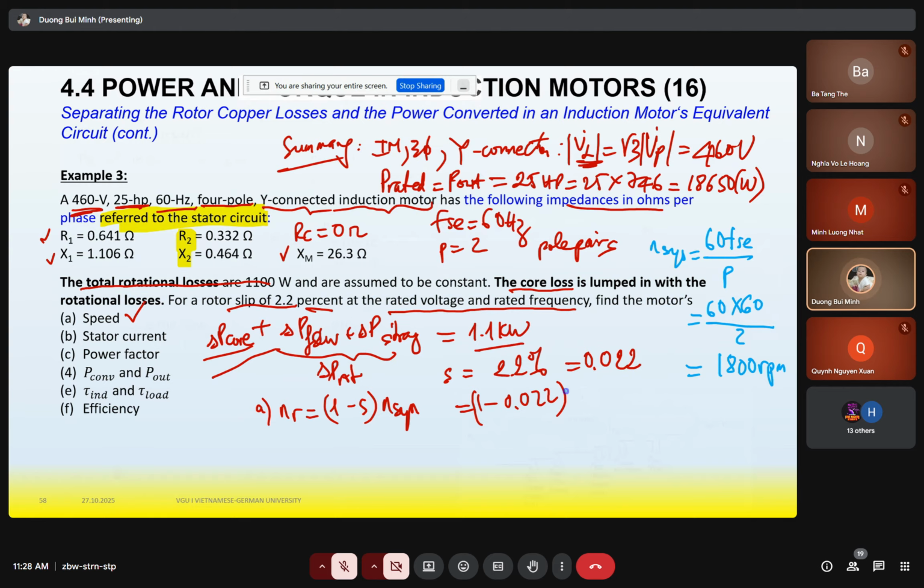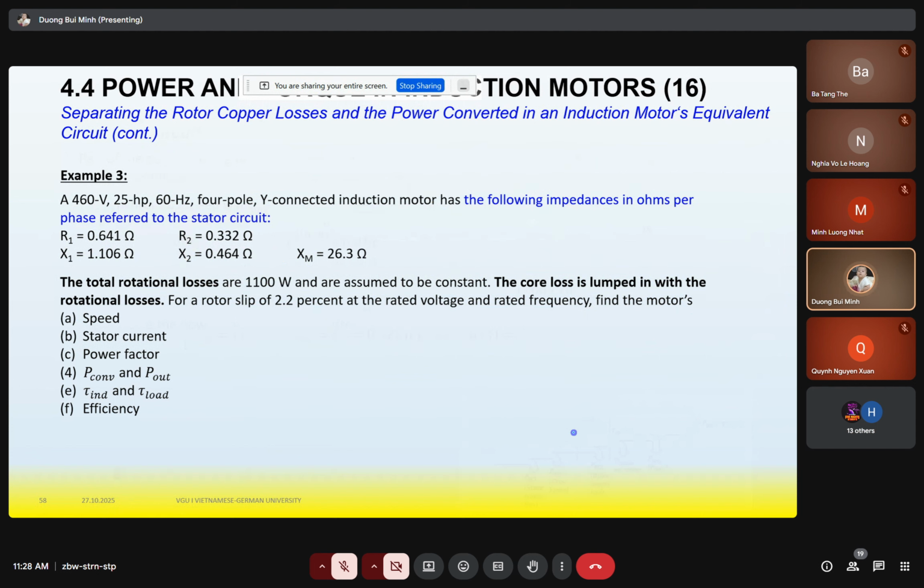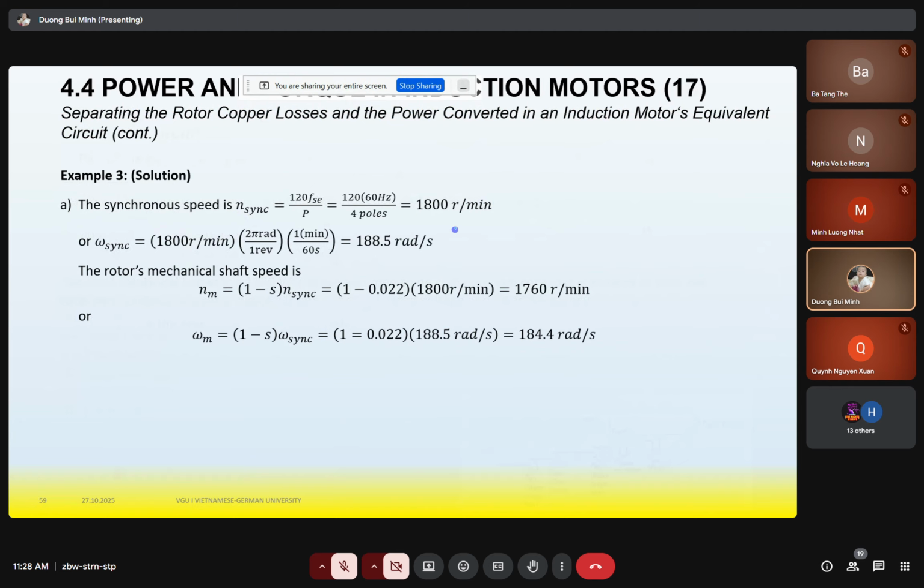Rotor speed is 1 minus 0.022 times 1800, which gives 1760 RPM. So this is question 8 here.